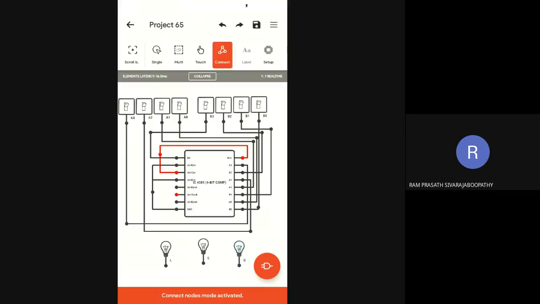So now we are going to connect equal to equal.